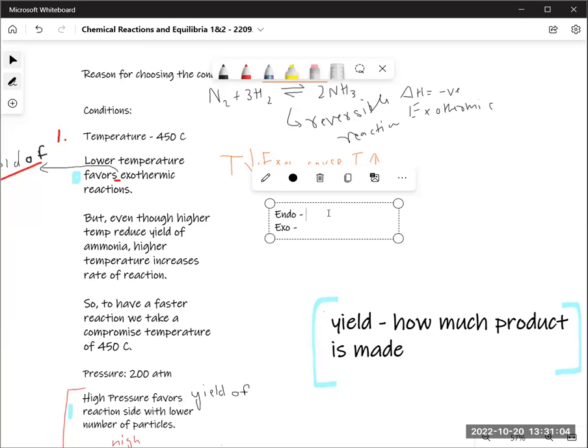So the more product you want, therefore you'll have to make the reaction favor the forward direction. If you want to make more product, then the reaction should go forward. And so if the reaction goes forward, the yield will increase. More product is made. Is that clear? It's how much something is made. Quantity.